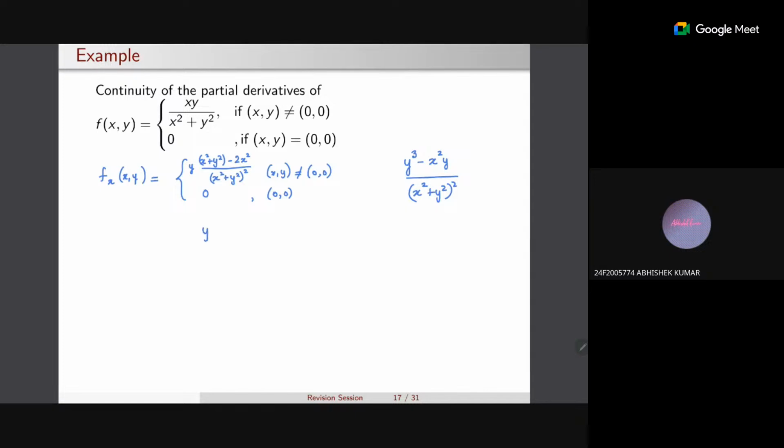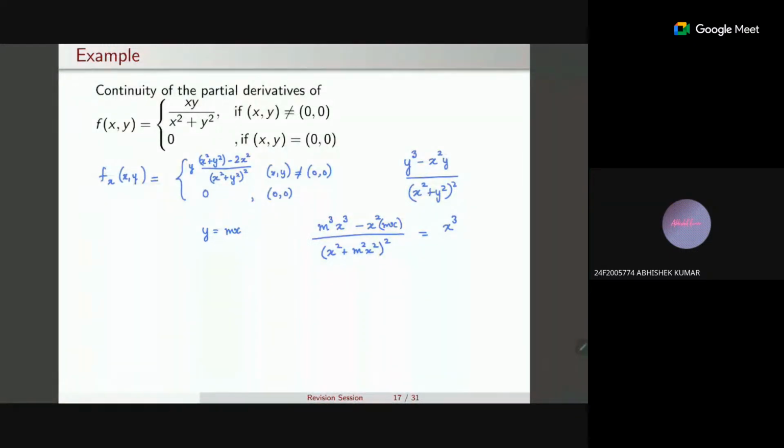So let's see y is equal to mx. You will have m cube x cube minus x square mx divided by x square plus m square x square, the whole square. Right, this is f_x of x comma mx.